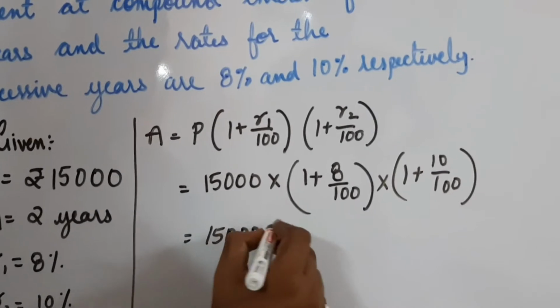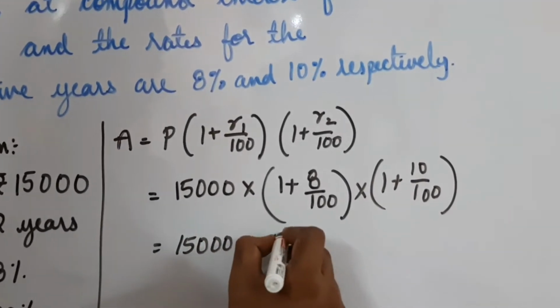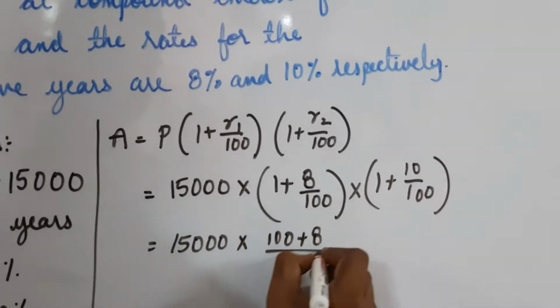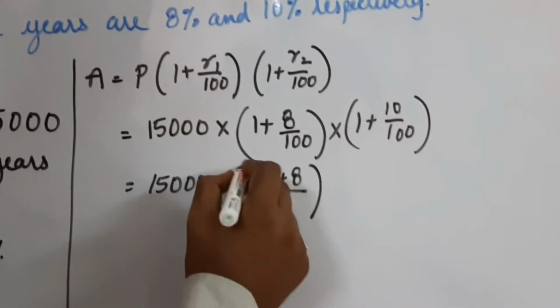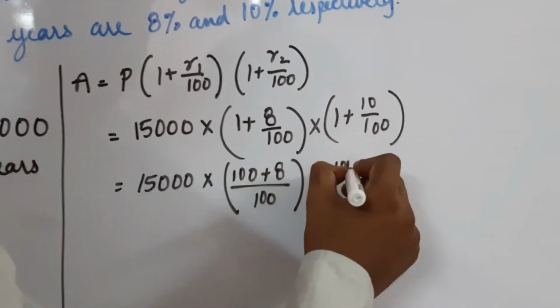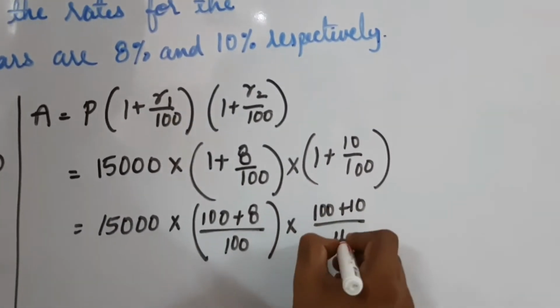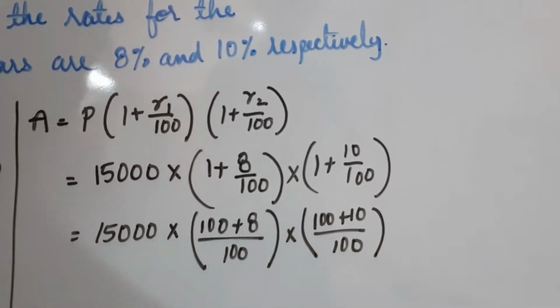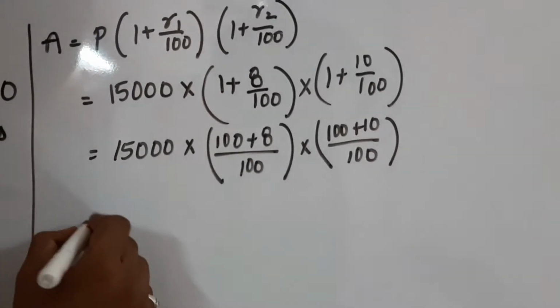15,000 into 100 plus 8 by 100. Took out the LCM, students. And here 100 plus 10 by 100. Yes, we can cancel it, but hold a second, students.